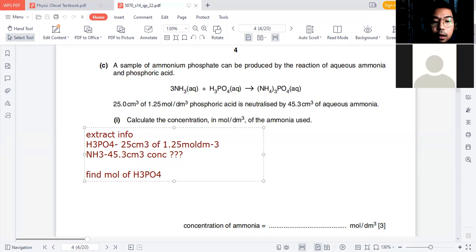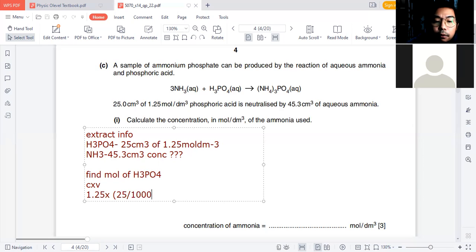That would be C times by V. So the concentration is 1.25, then the volume is 25. Remember that this volume should be in dm cube, so you have to convert the cm cube to dm cube. You can put a bracket, 25 divided by 1000.